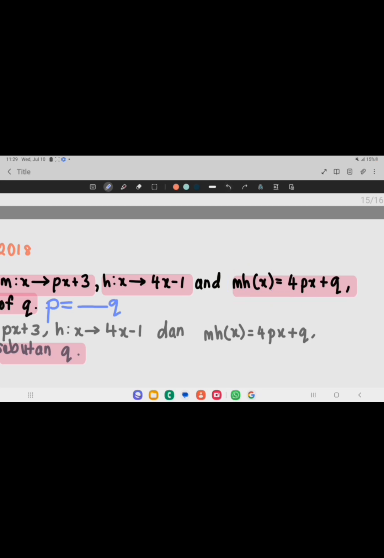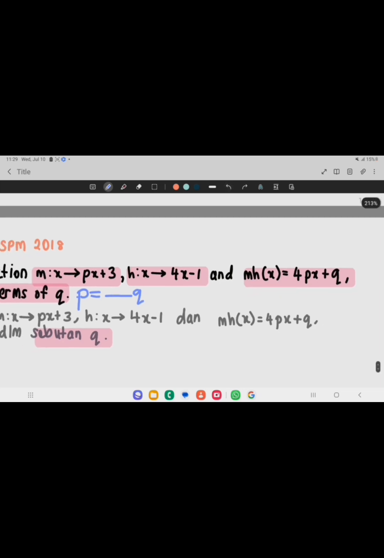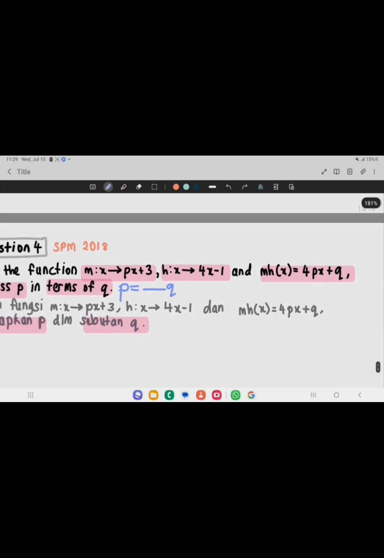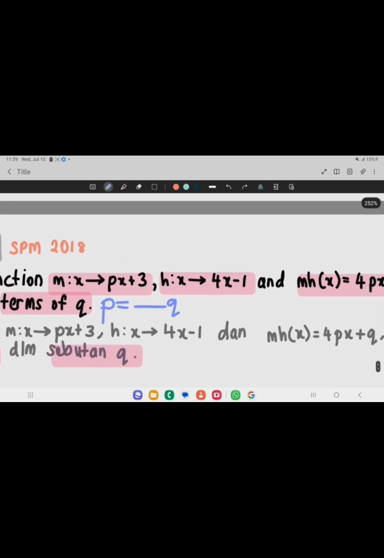My question is, can you find your own mhx? Yes, can. Why not? Because mx is given to you and hx is given to you. So you try to find your own mhx first.